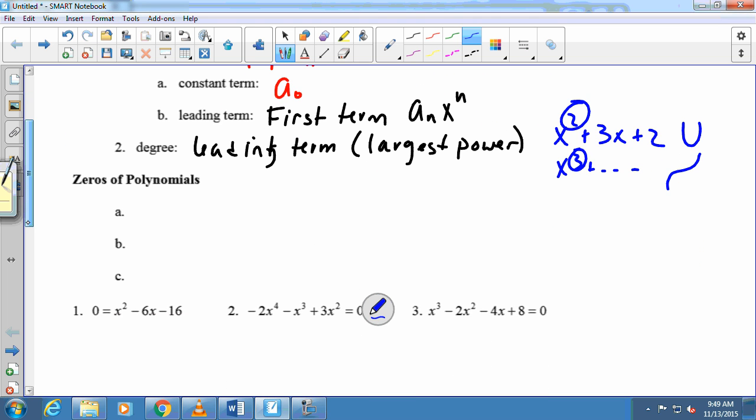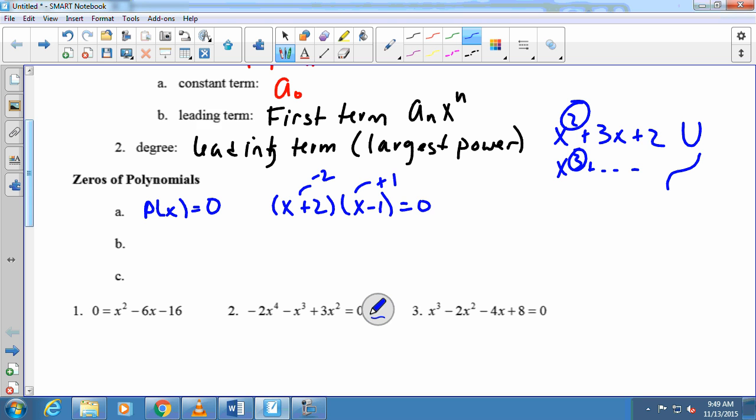Zeros of a polynomial help us as well. It's when my polynomial is equal to 0. We've solved those before. For example, when I had a quadratic, we had something like this equal to 0. So I had two solutions, the -2 and the +1. And that's where it hits my x-axis, called my x-intercept. Sometimes we call them also solutions, roots, x-intercept.